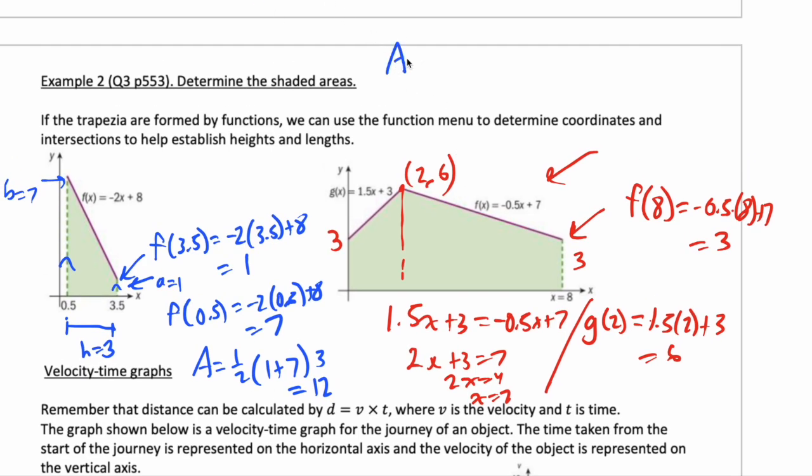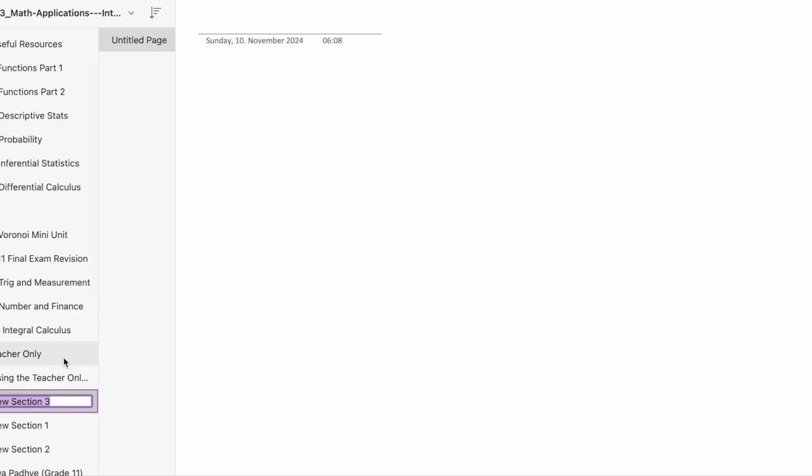The area equals, we're going to add 2 trapeziums together. For this trapezium, the parallel sides are 3 and 6, so that's 6 plus 3. The width is 2 because the x-coordinate there is 2. So that's half of 9 times 2, I'll call that A1. And A2 is half, and this distance here is from 2 to 8, so that's actually the height, so that's 6.